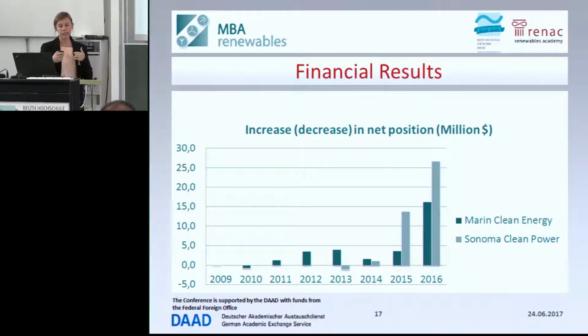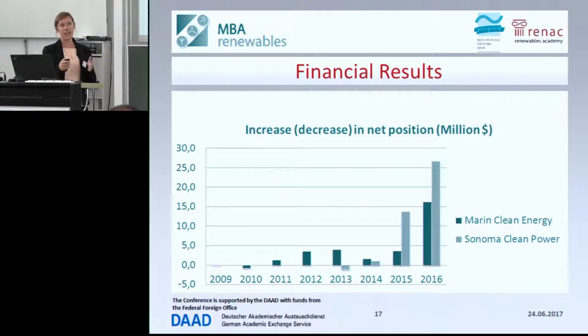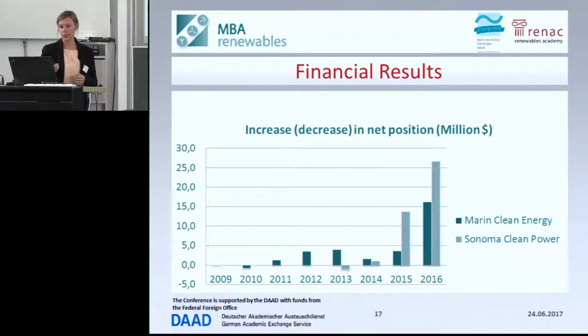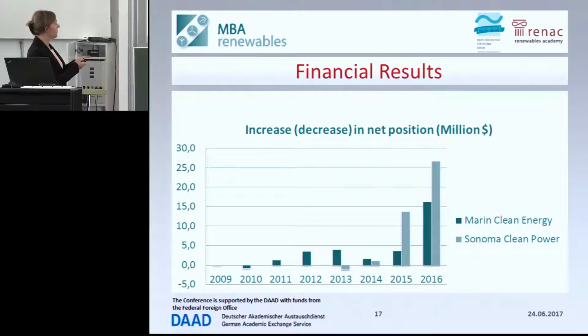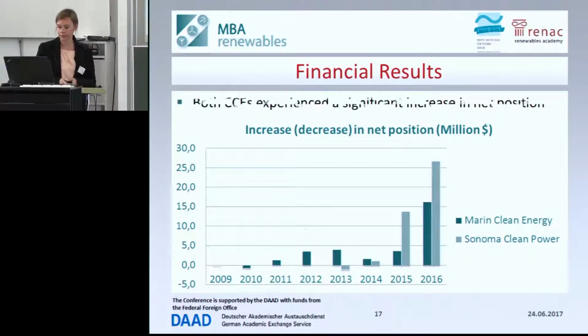But they actually started to sell electricity at the end of 2010. So from 2011 until today, they increased their net position. And Sonoma Clean Power started in 2014, and we can see that it was directly increasing their net position.